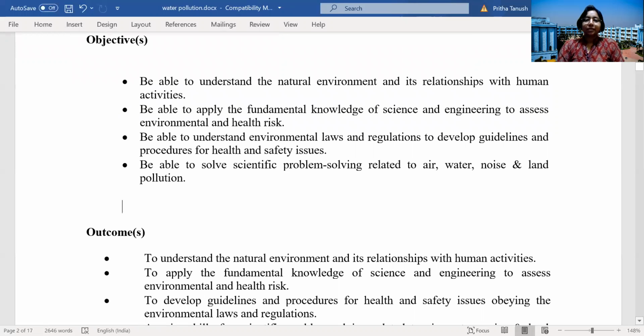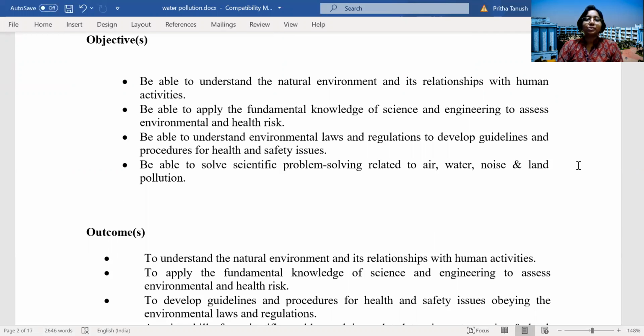And the course objective: the students will be able to understand the natural environment and its relationship with human activities. They will be able to apply the fundamental knowledge of science and engineering to assess environmental and health risk. They will be able to understand environmental laws and regulations to develop guidelines and procedures for health and safety issues.